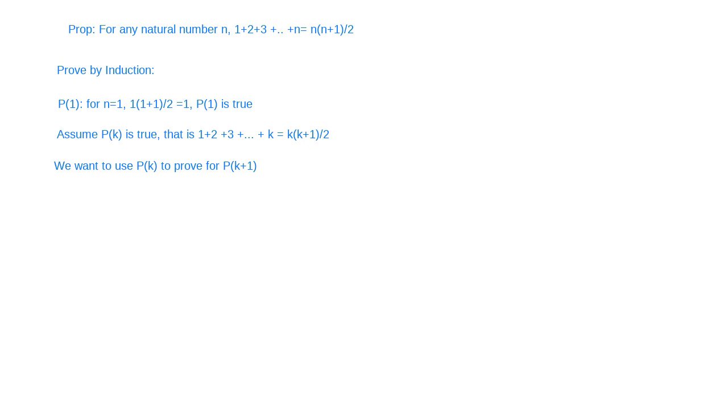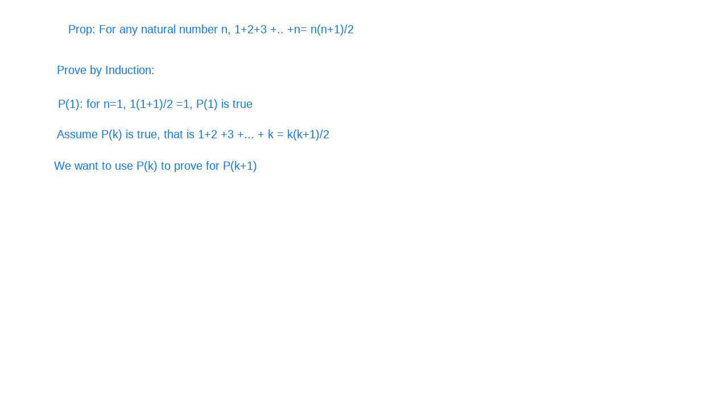So for n equals k plus 1, n times n plus 1 equals k plus 1 times k plus 1 plus 1, divided by 2. Let's simplify a little bit.